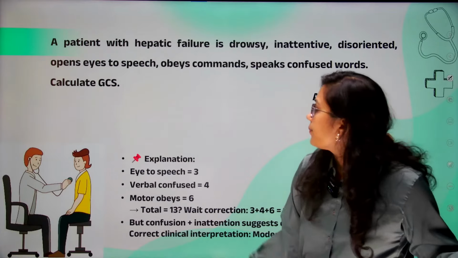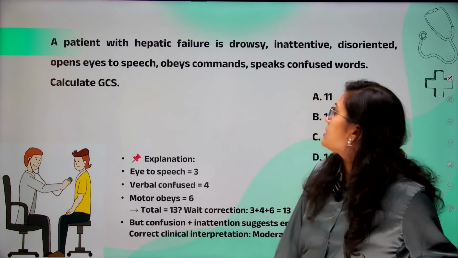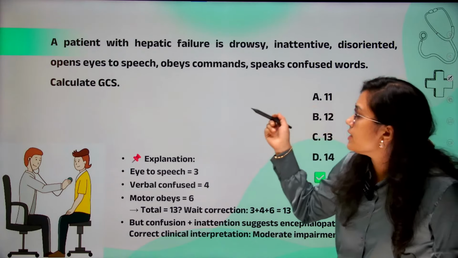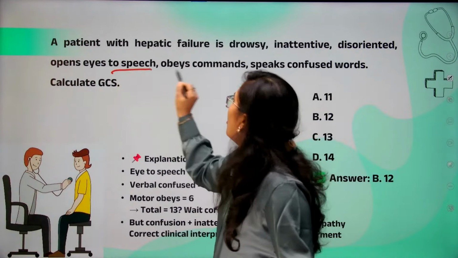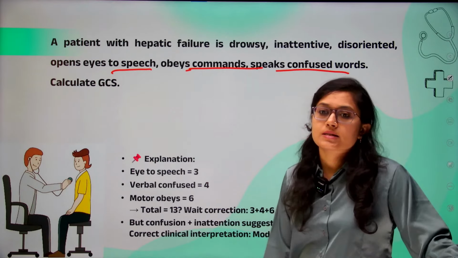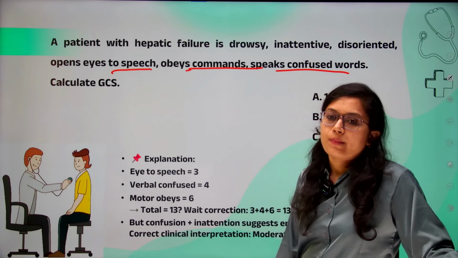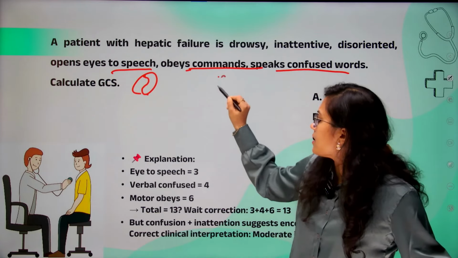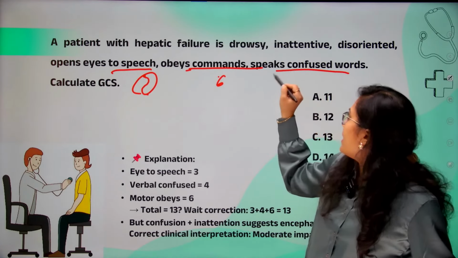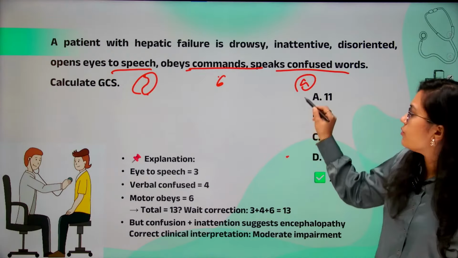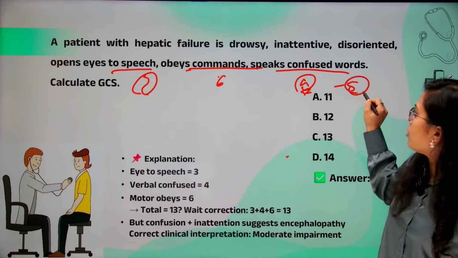Next question. A patient with hepatic failure is drowsy, inattentive, disoriented, opens eyes to speech, obeys commands, speaks confused words. Calculate the GCS. Fine. So eyes to speech is 3, obeys command is 6, and speaking confused words is 4, because 4 was confused and 5 was the normal response in verbal.